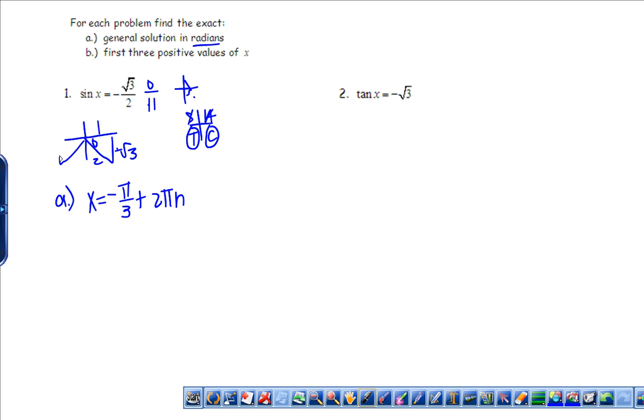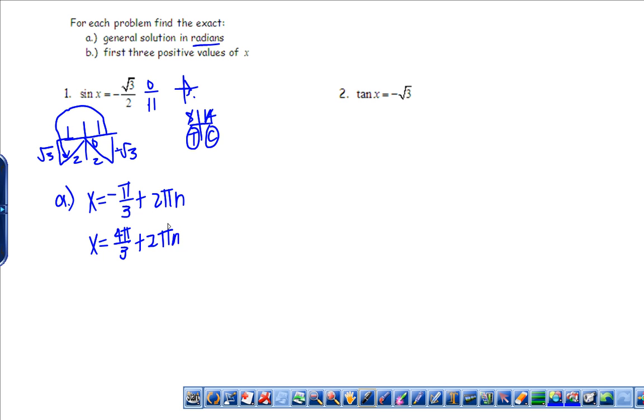So my second triangle falls here, still with the same numbers: 1, root 3, and 2. You can draw the negative angle from here, or you can do positive and build it around this way. I'm going to do the angle positive around this way. So that would be x equals 4 pi over 3 plus 2 pi n.